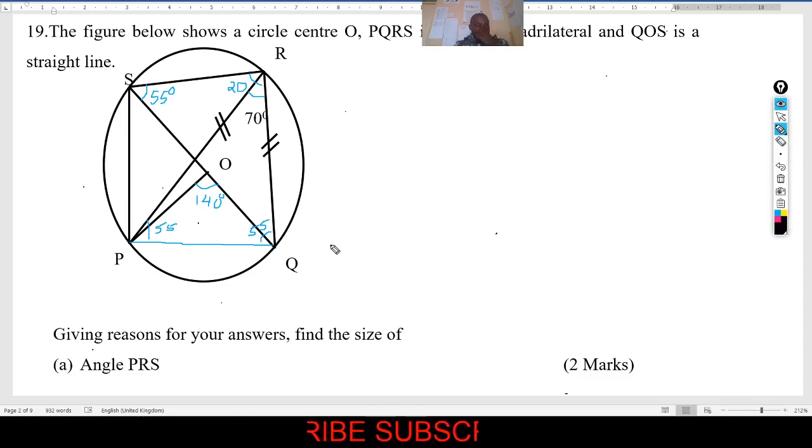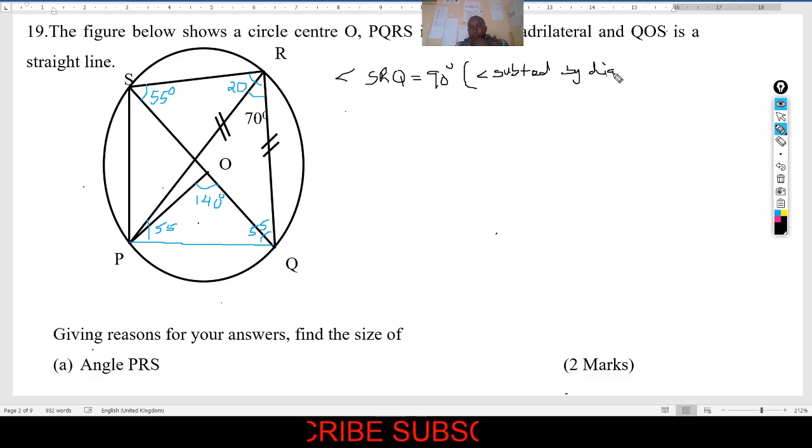The reason you state is that you first of all need to show that angle SRQ equals 90 degrees, by saying in brackets, angle subtended by diameter at circumference is 90 degrees.